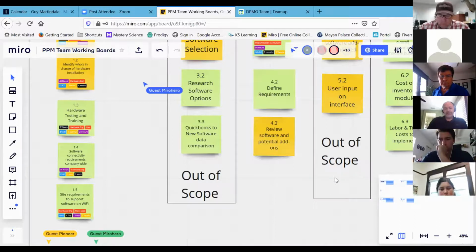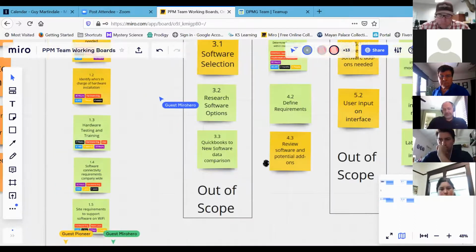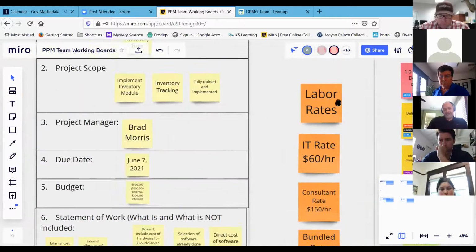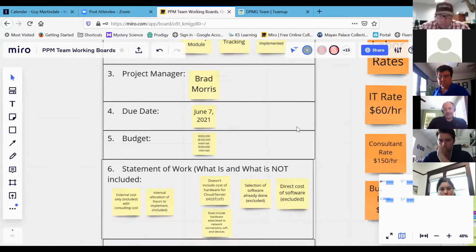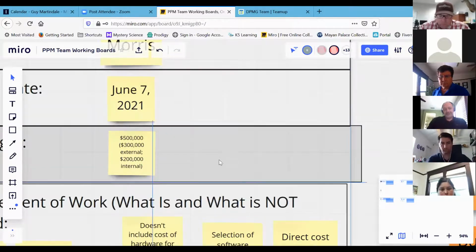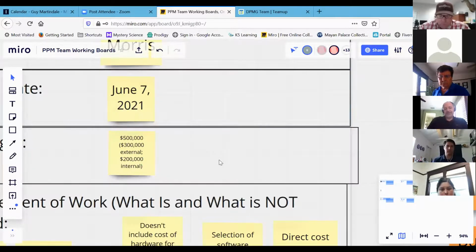And then what everyone's ultimately trying to do is add everything up and come up with a total of hours and dollars based on the work breakdown structure. And you want to compare that to what your project charter had for a budget. So this team here has a budget of about $500,000.